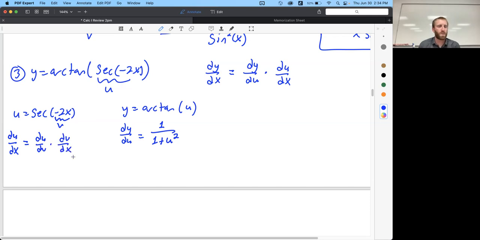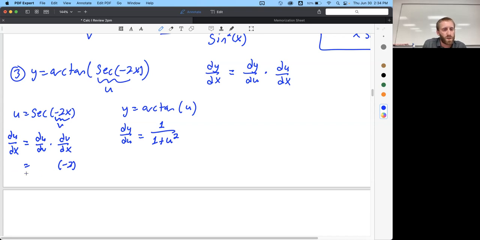And so that just means take the derivative of the inside, which is -2. That'd be this part right there. And multiply that by the derivative of the outside. And the derivative of secant of something is secant of that something times tangent of that something.